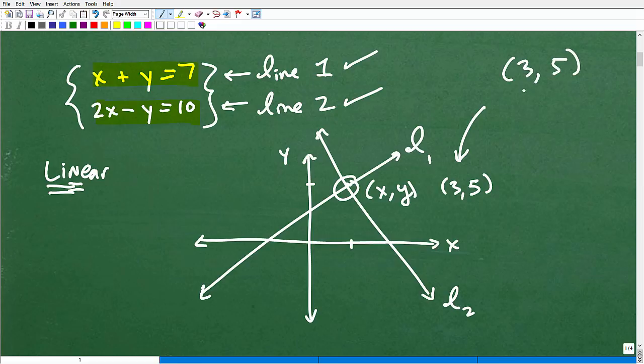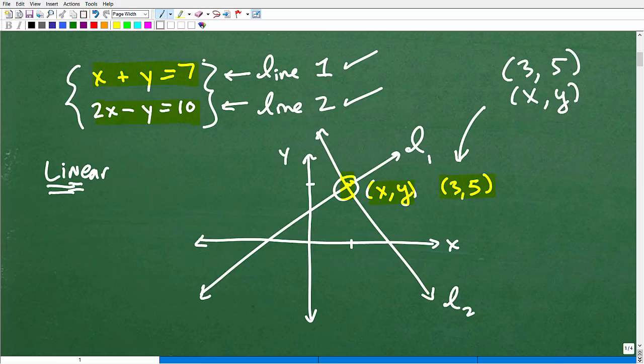Remember, this is x and this is y when we're describing a point, a coordinate, or an ordered pair on the xy plane. So if these two lines intersected at this specific location, 3, 5, this happens to be the solution to this system.